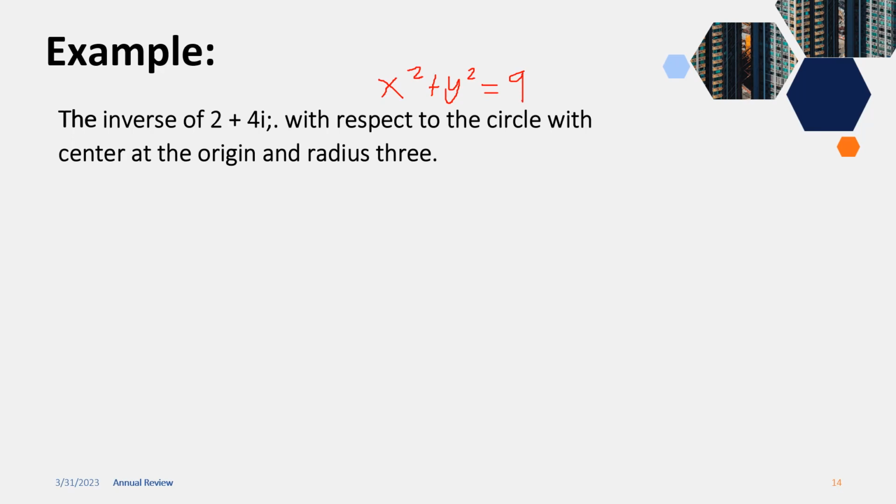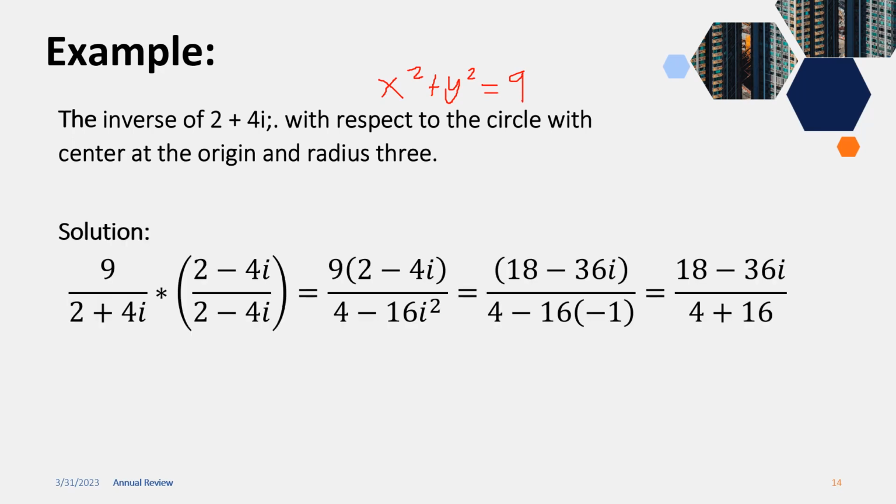So for the solution, we have this as our r squared, and the denominator is this value. On having the conjugate, this is our z here, and we multiply both numerator and denominator by 2 minus 4i.